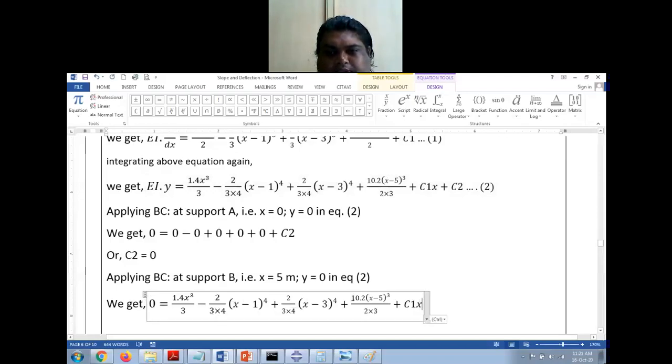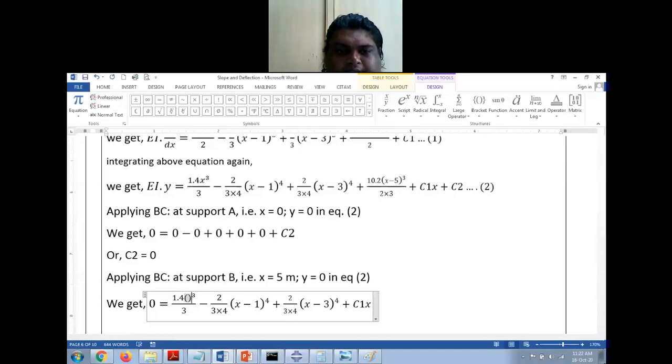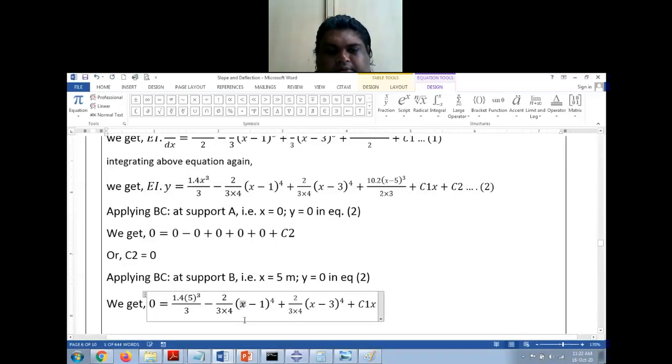So I have to just remove this one term. All other terms will be there. Here I'll put this value as 5. This is 5. This is 5. This is 5. And C1 will be 5 C1.